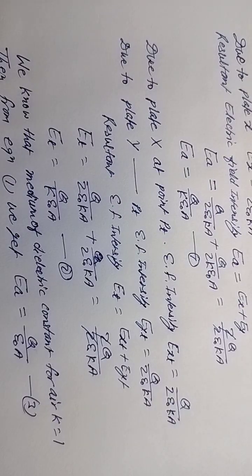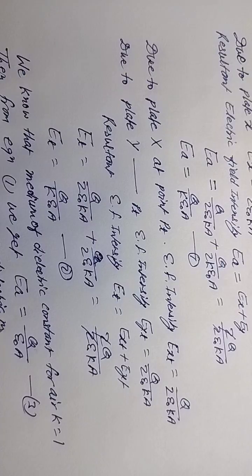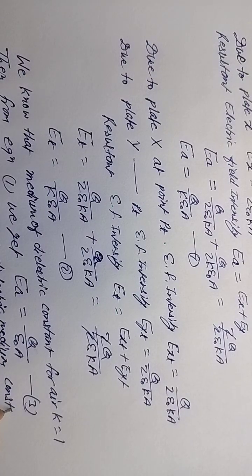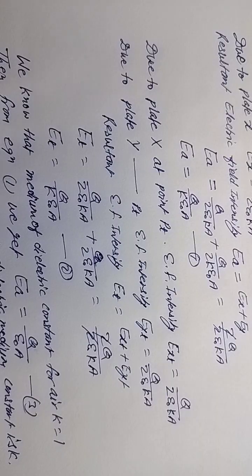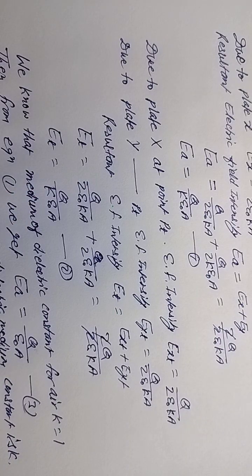And for the partially filled dielectric medium, the constant is K. Then from equation 2 we get Et, the electric field intensity inside the thickness of the dielectric medium, equal to, putting the value of K, Q upon K epsilon 0 A. Call it number 4.